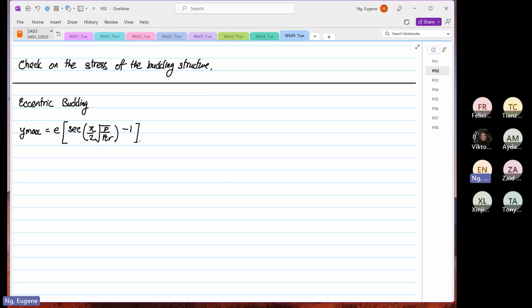And you know that inside the secant, this is in radians. Can someone tell me why it is in radians and not in degrees? Because of the pi over 2.